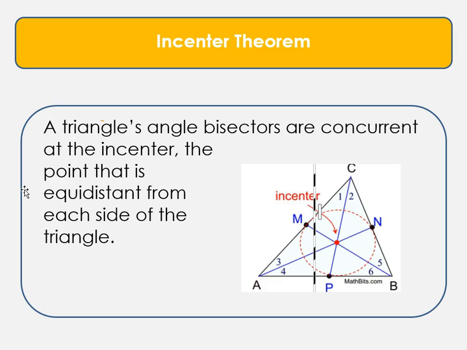So using angle bisectors, these points will be concurrent at the incenter, and that point will be equidistant from each side of the triangle. So in this case, if we call the center O, PO would be congruent to NO, which would be congruent to MO.